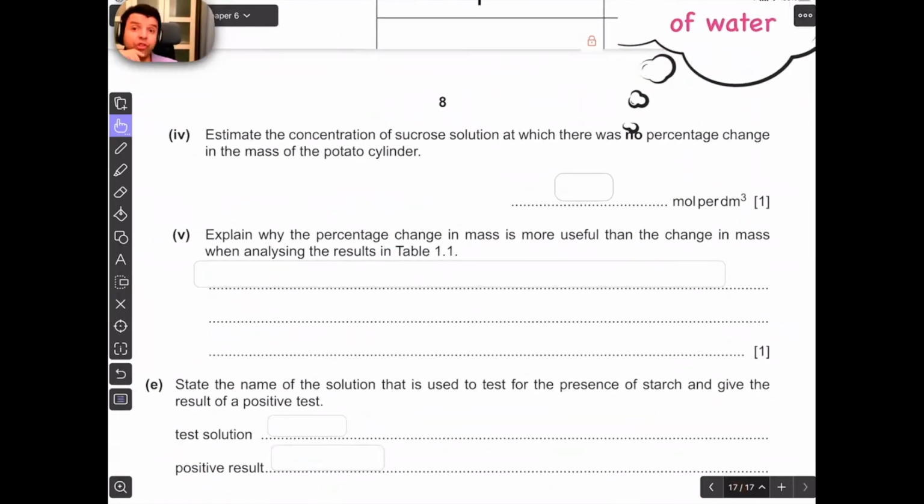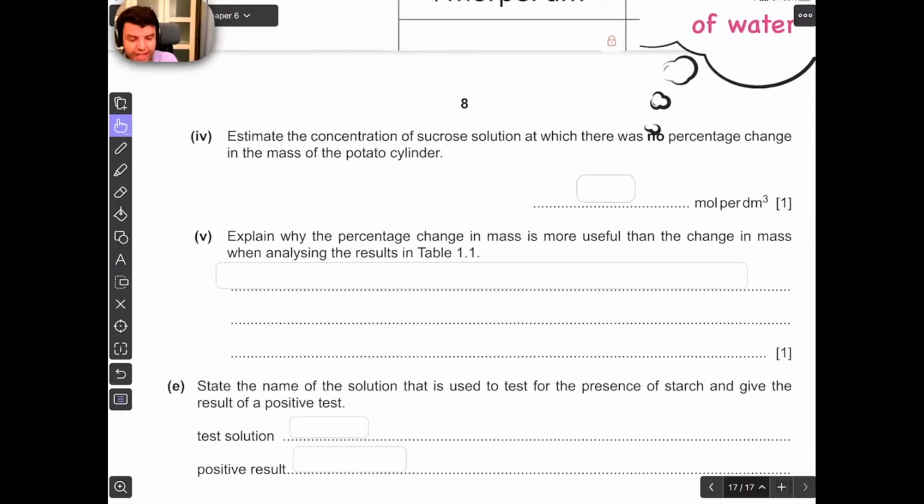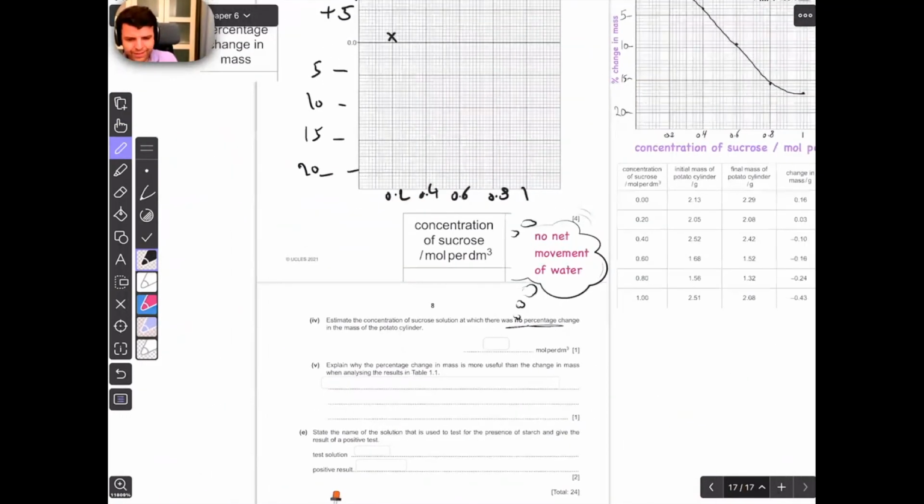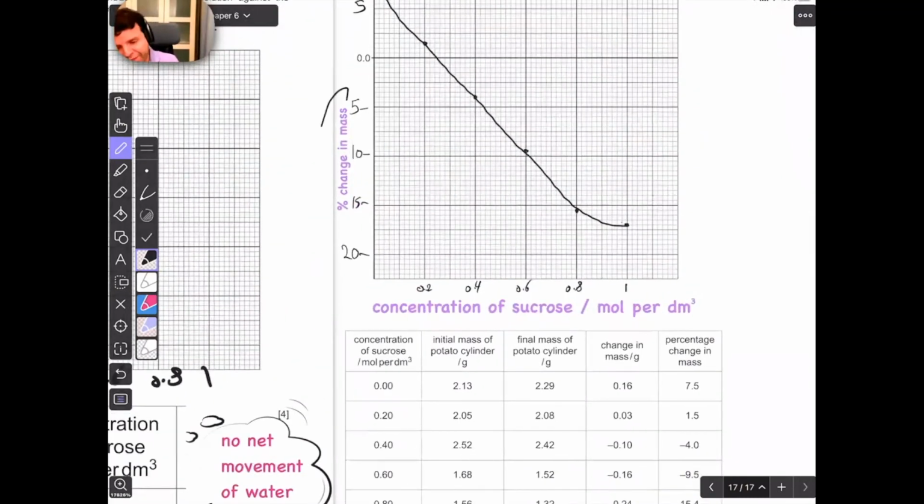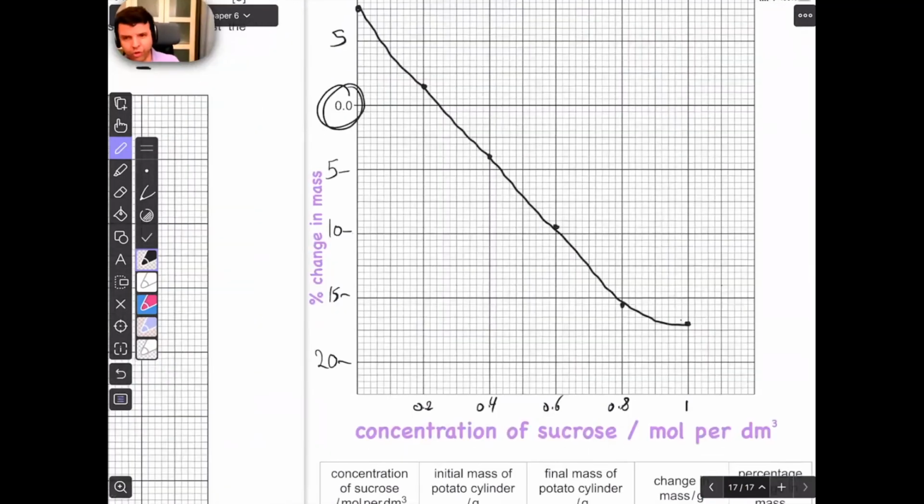Estimate the concentration of sugar at which there is no change in mass. So where's the mass axis? That's the mass axis. No change in mass means what? How much is going to be no change in mass? That would be a 0. So where on your curve did you have no change in mass? It's here, right? So somewhere right here.